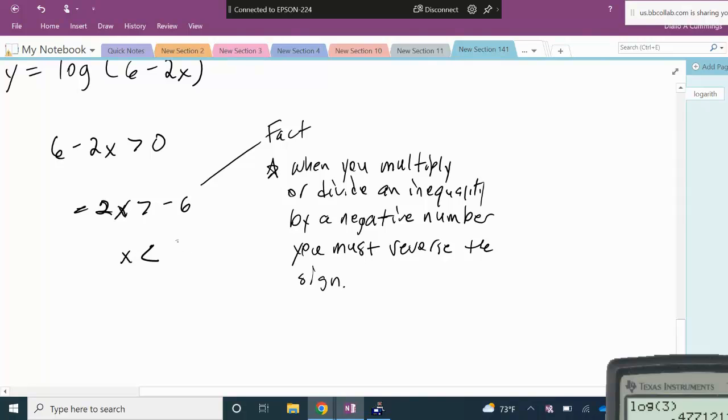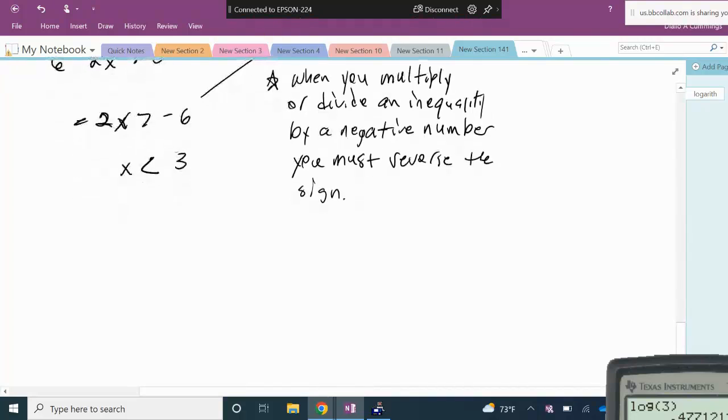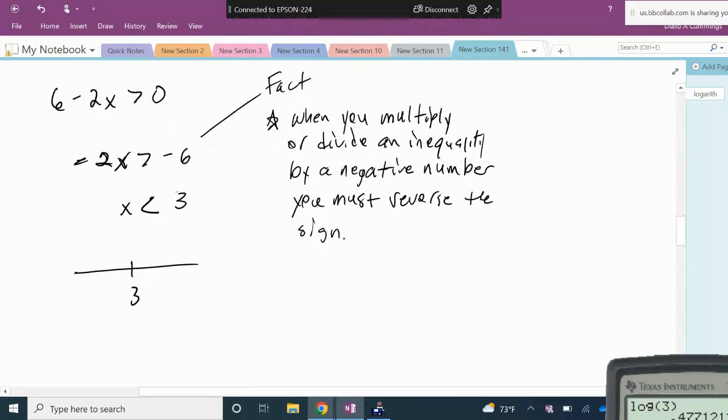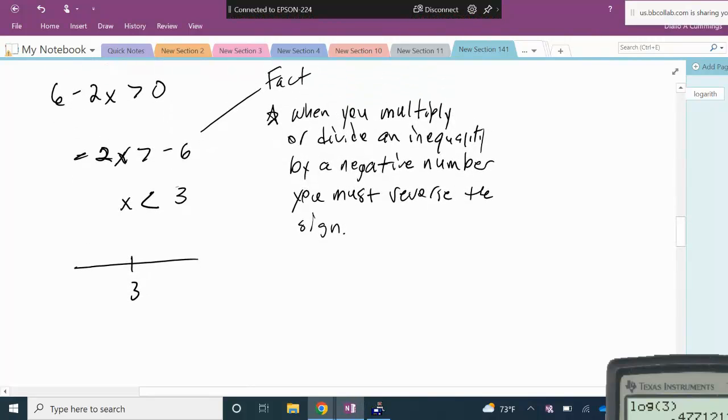So x is less than 3. So we want to rewrite this in interval notation. Okay, so just to go back through that, I'm just going to draw a line graph centered at 3. Negative infinity is to the left.